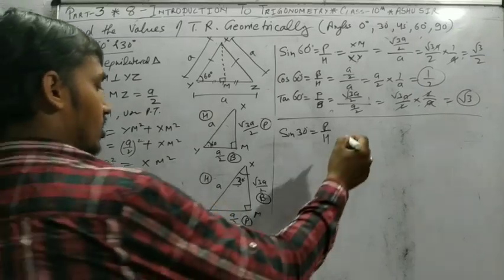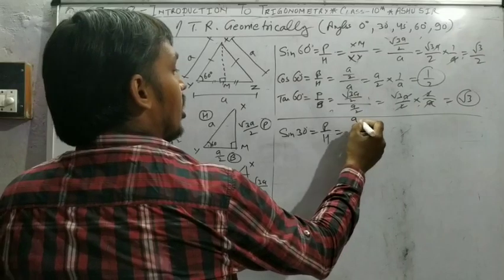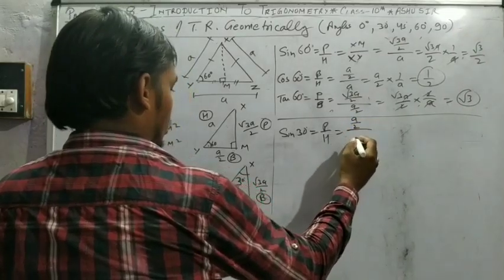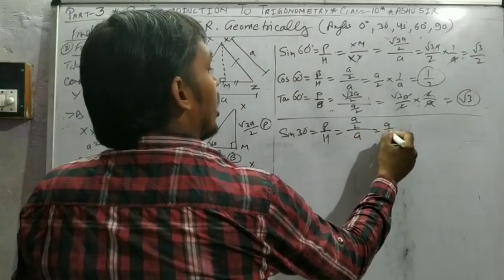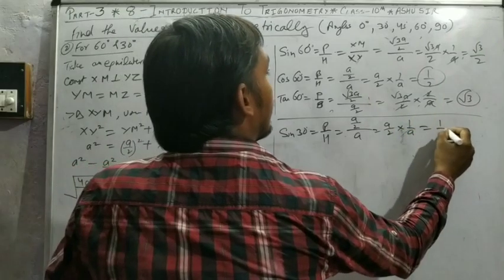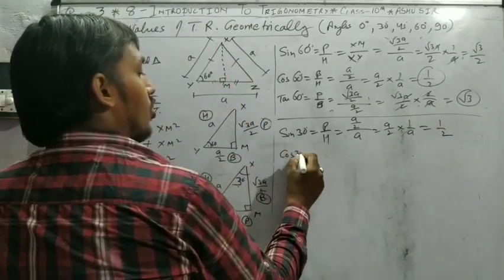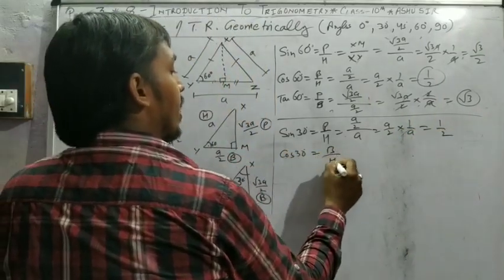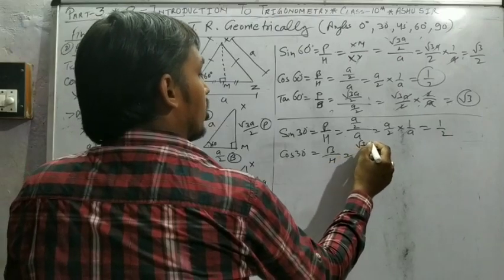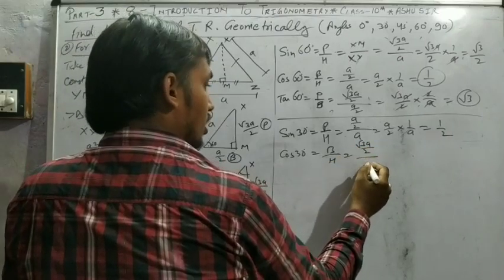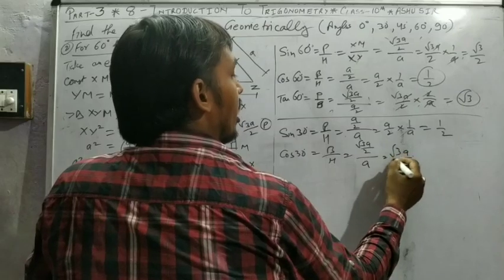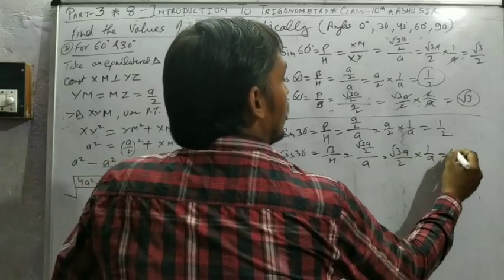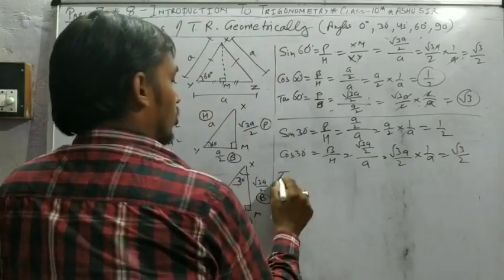So P by H, that is a by 2 by a, a by 2 into 1 by a, 1 by 2. Cos 30, B by H: root 3 a by 2 by a, root 3 a by 2 into 1 by a, root 3 by 2.